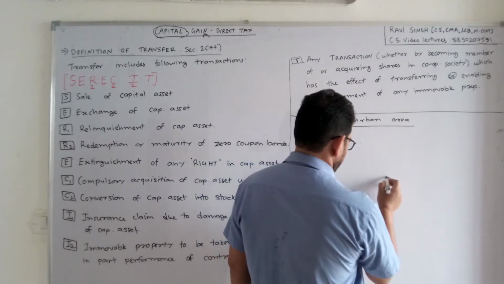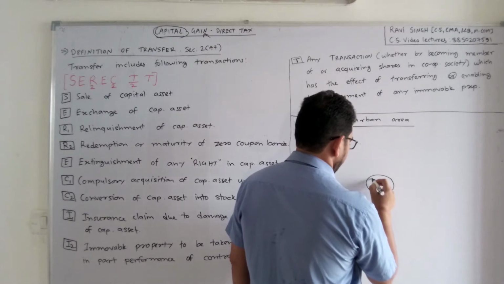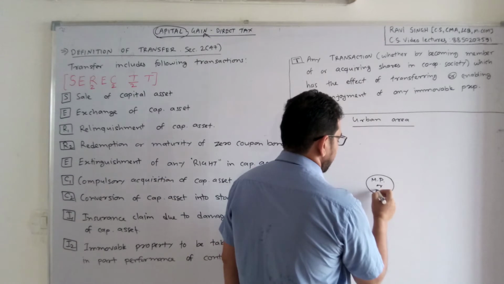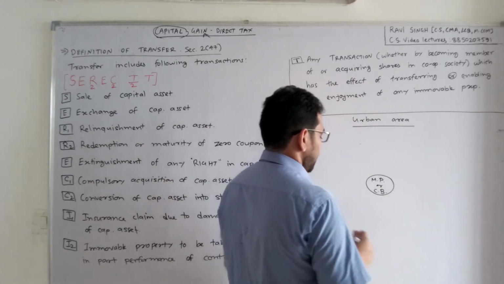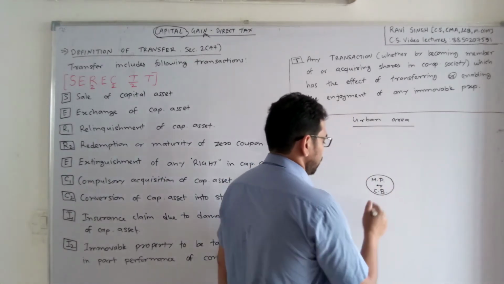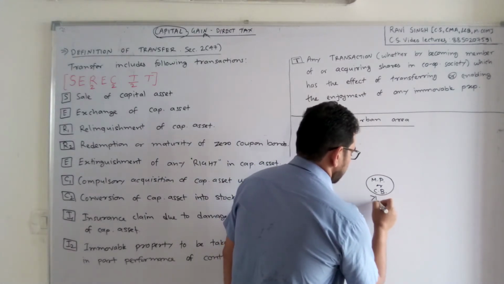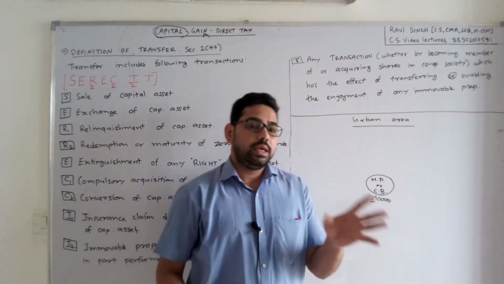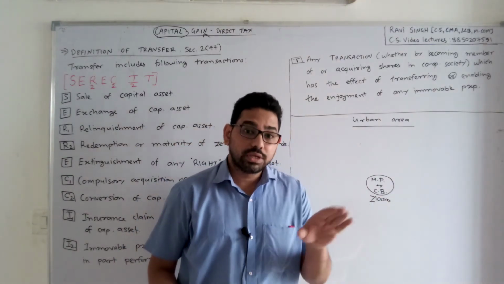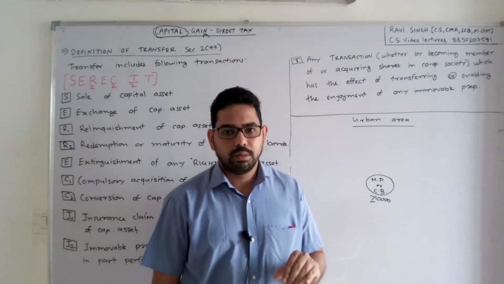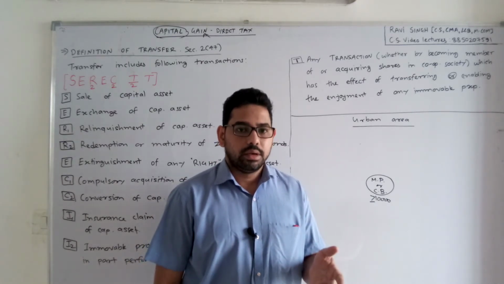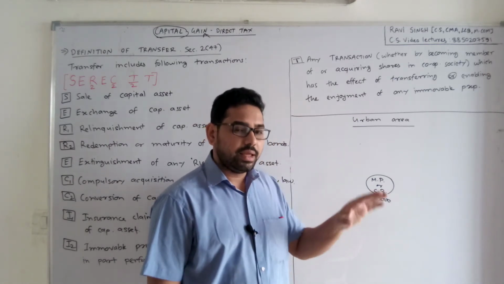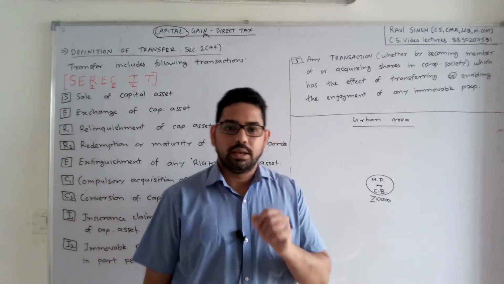So this is the area which falls in municipality or any cantonment board, and it has the population of 10,000 or more. So population how much? More than or equal to 10,000. So if any area falls within the jurisdiction of municipality or cantonment board and it has population of more than or equal to 10,000, then that area will be considered as urban area.